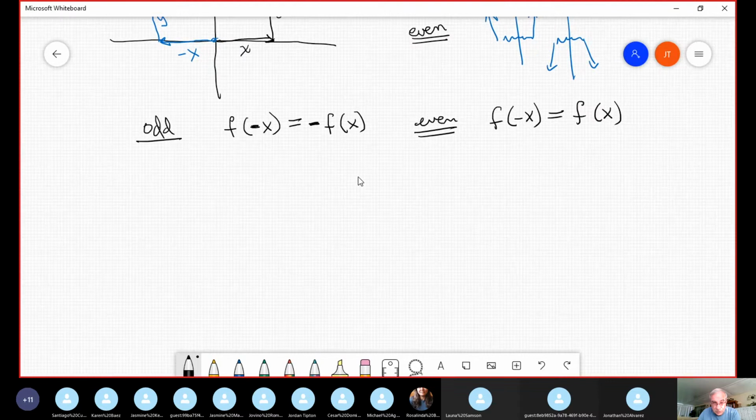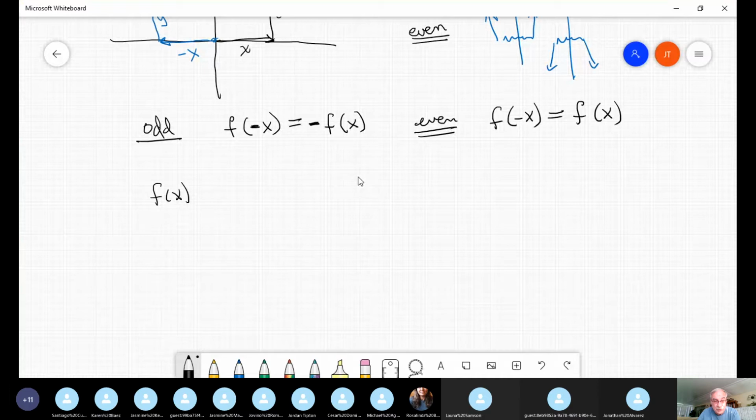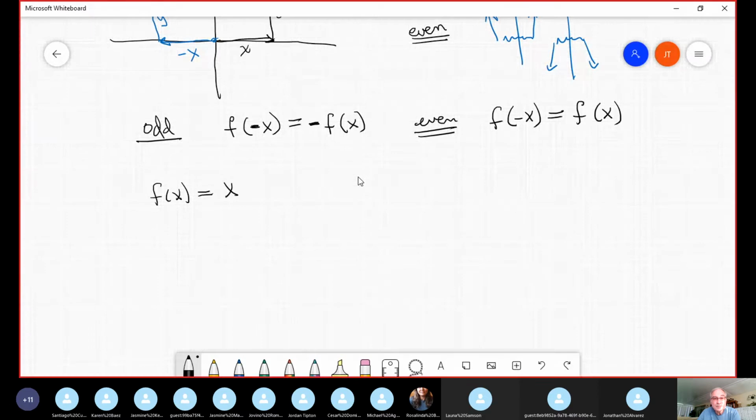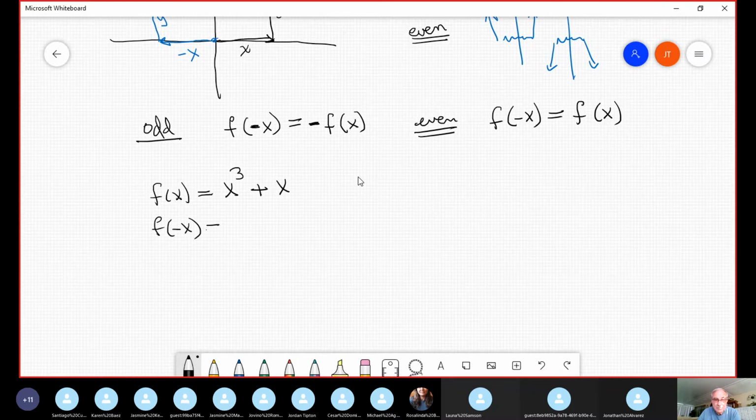And first of all, I want to interpret geometrically the idea for the odd function. Suppose the function f of x, which is a cubic function plus x, something like that. Okay, I have no idea. I have performed the reflection. Then we have x to the cubic power plus minus x. Then you see, wow, look at that.